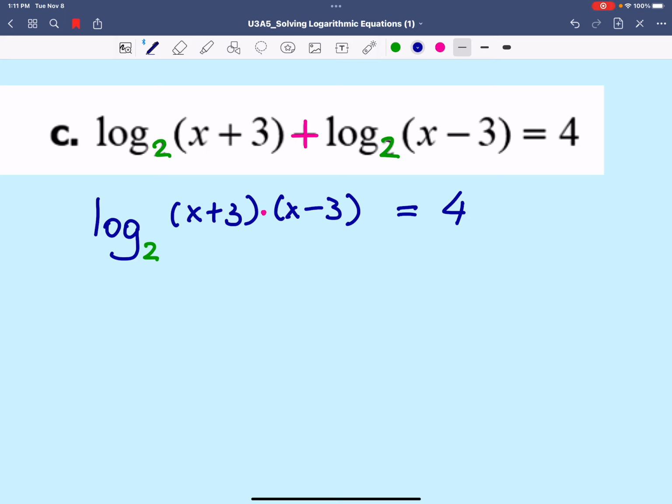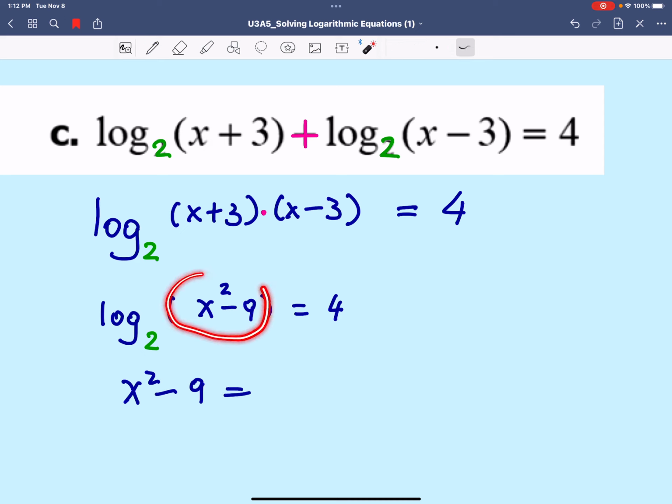So this is a logarithmic statement, and what we are going to do is convert this logarithmic statement into an exponential statement. So what that means is that we're going to rewrite the same expression in exponential form. So we'll say that the expression inside the log, x squared minus 9, equals the base 2 to the power of 4.